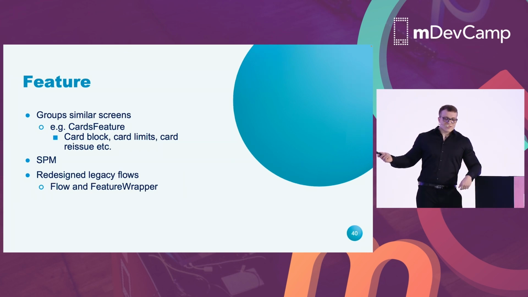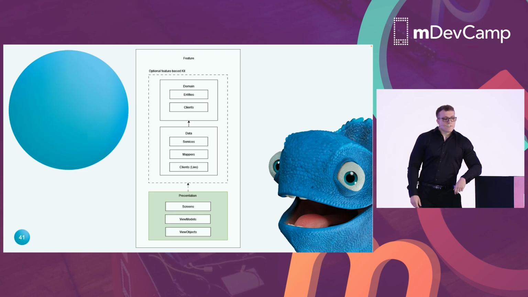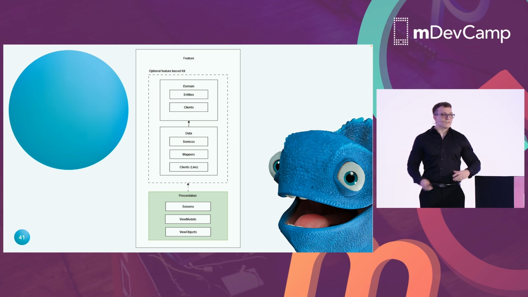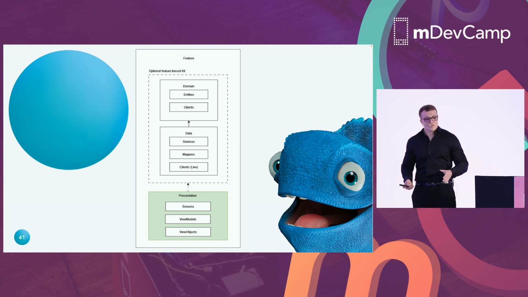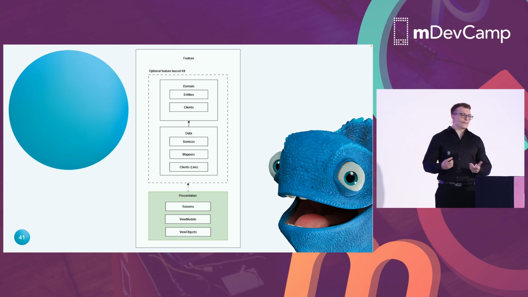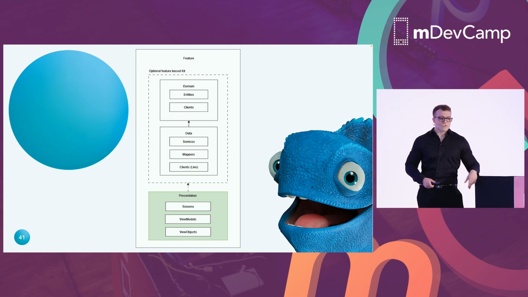Again, it was in a Swift Package Manager, and also we redesigned our flows into something we call flow and feature wrapper. Each feature has its own feature wrapper. So this is how a feature basically looks. It has some screens, it has view models because we are using MVVM, and it has view objects for when you don't want to use the whole entity, but just something for the UI.